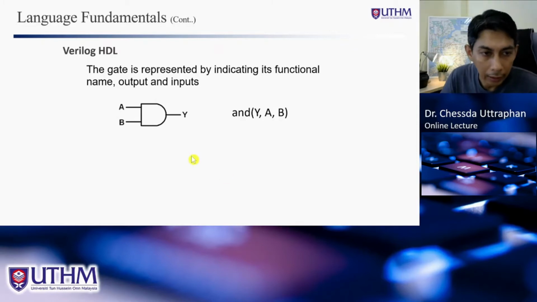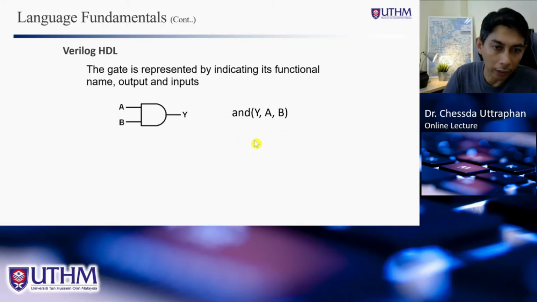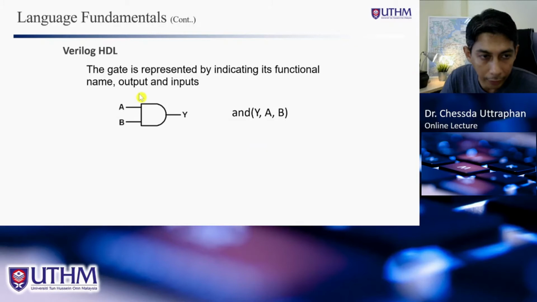This is an AND gate. To describe an AND gate in Verilog is very easy. If we have a two input AND gate like this, where we have A, B, and the output is Y, to describe it in Verilog we can write the AND.